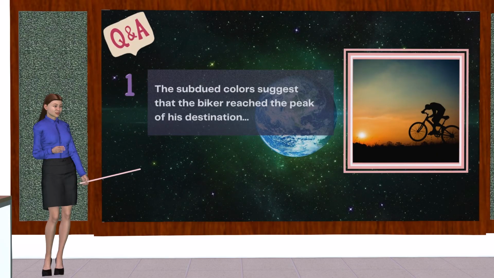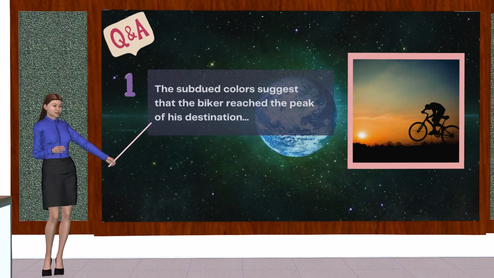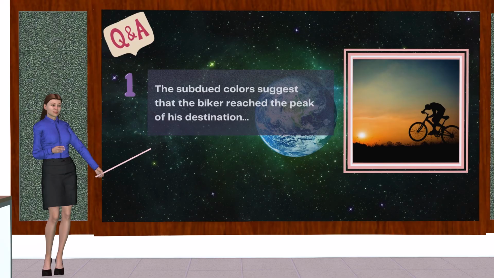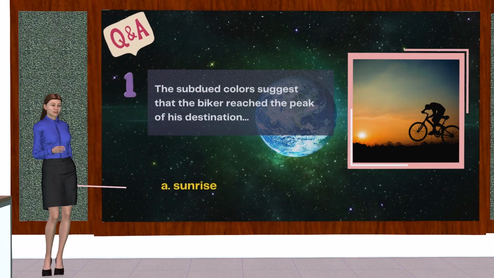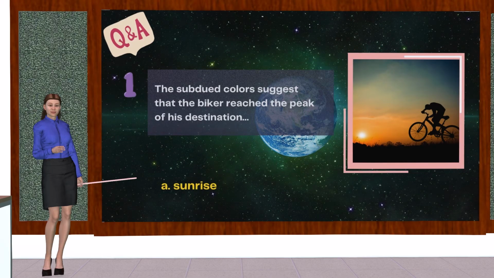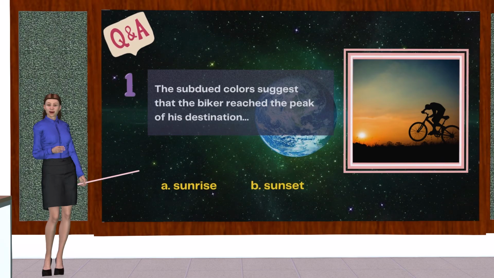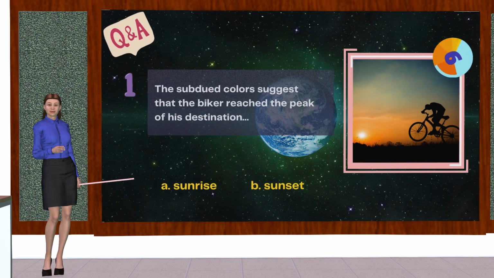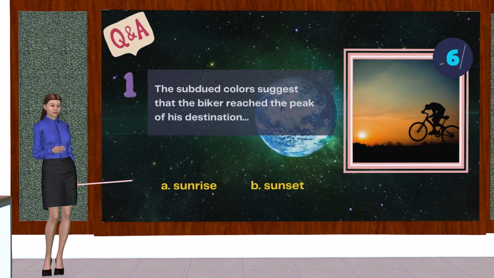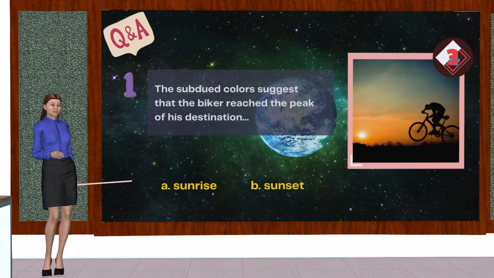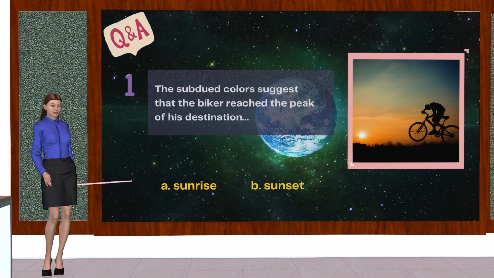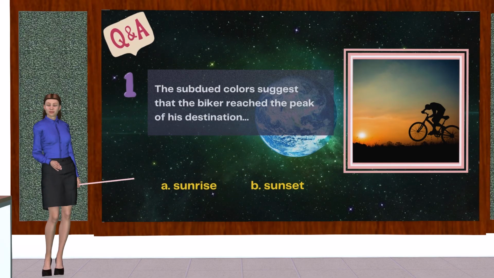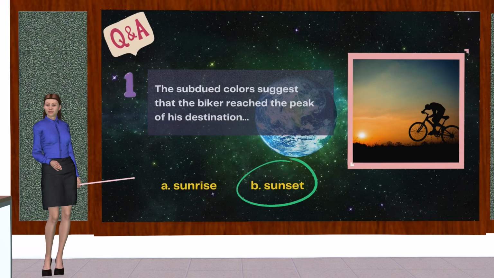Number 1. The subdued colors suggest that the biker reached the peak of his destination. A. Sunrise, or B. Sunset. The correct answer is letter B, sunset. Now let us try question number 2.